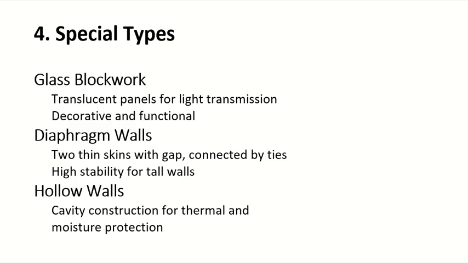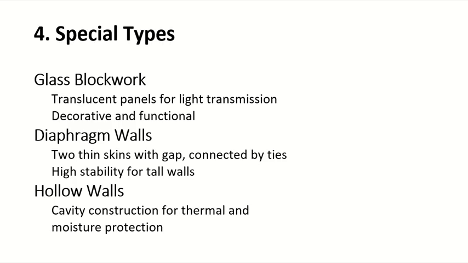They are not made up of blocks. It's like a sheet, it could be as thin as this. Obviously they will not stand like this, they will fall, right? So between them they are tied with each other. This is called the diaphragm wall.